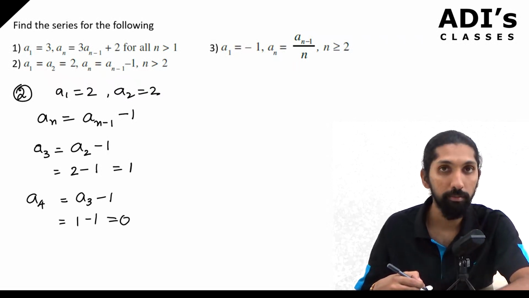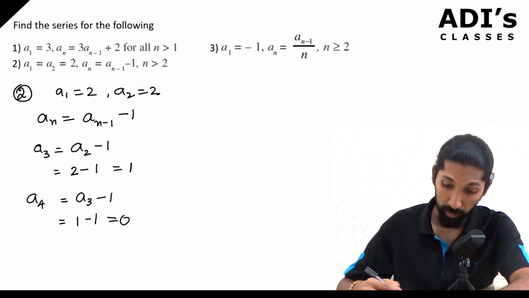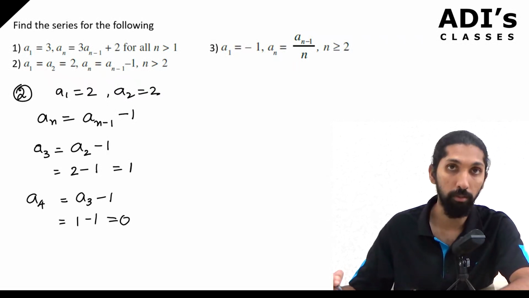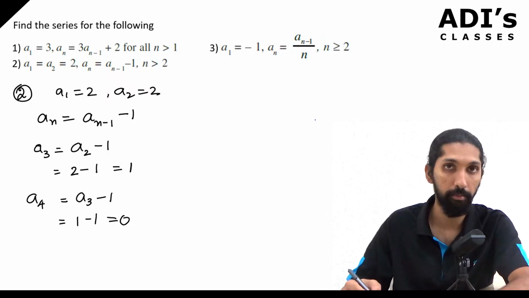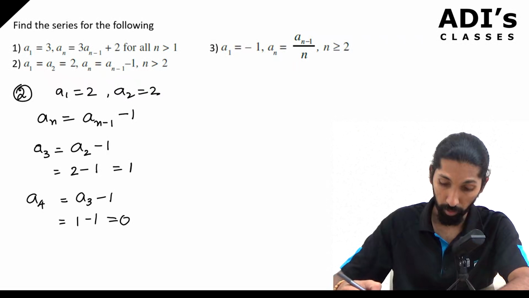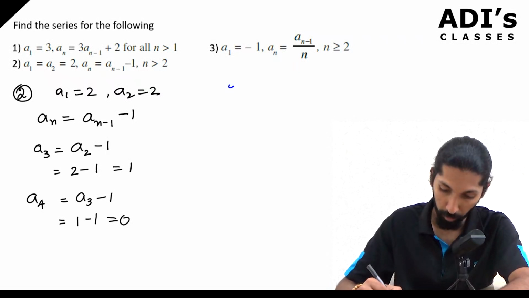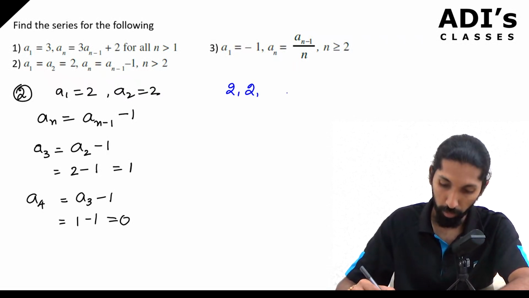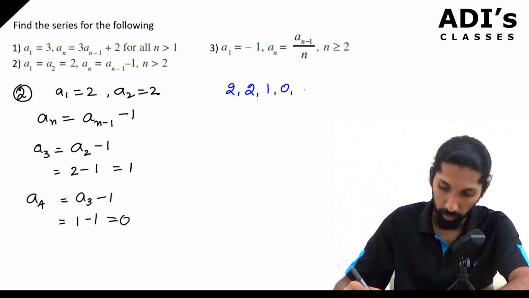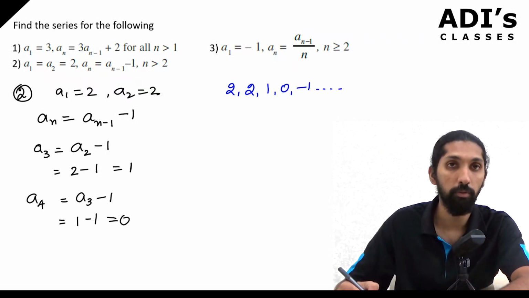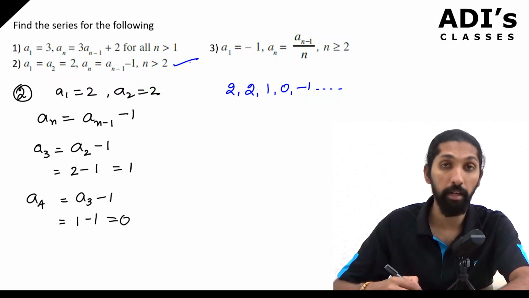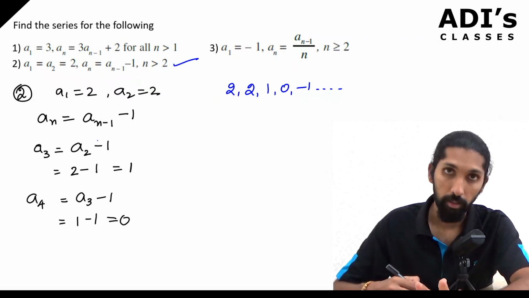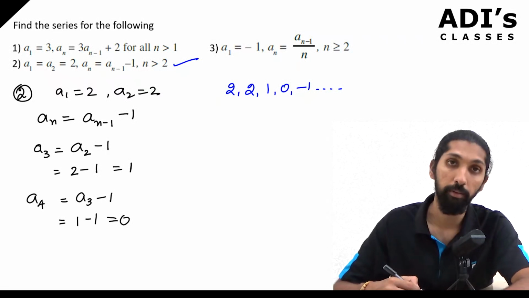So much easier now. Right? So what is my sequence now that we have 4 terms? If you want, you can do one more, which is just minus 1. So the sequence is going to be 2, 2, 1, 0, minus 1, so on and so forth. This is the answer for the second one. Clear?